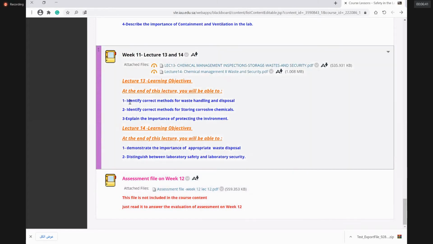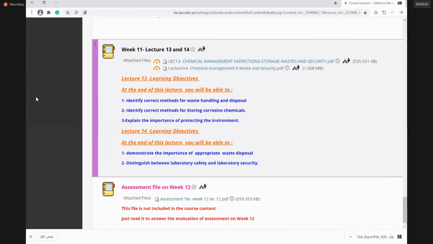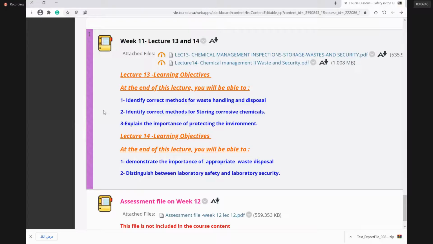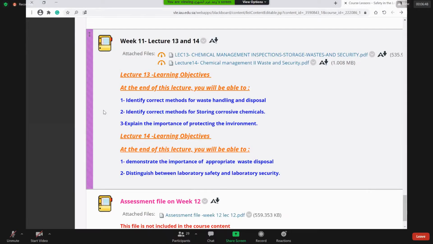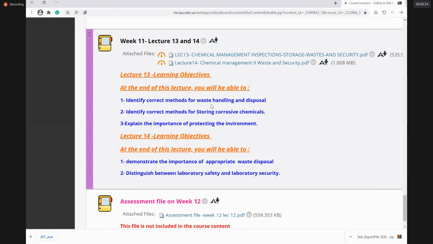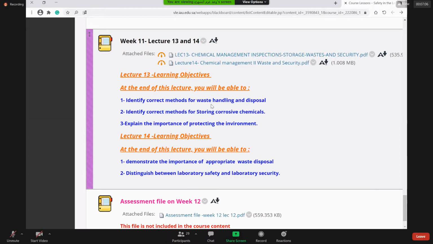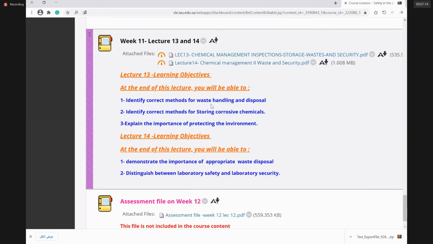Bismillah, we start with lectures 13 and 14 and see what our goals are today and what the objectives for today's lecture are. Today we will identify the waste methods and how we can dispose of or handle chemicals in our laboratory. We finished the safety rules and now waste management, and how we can get rid of chemicals in the safest way possible.